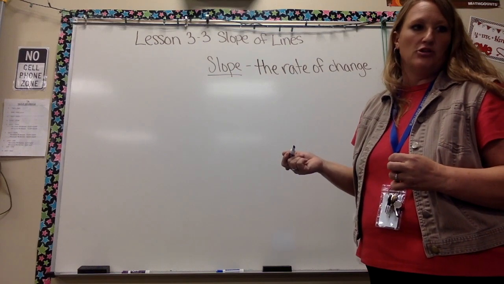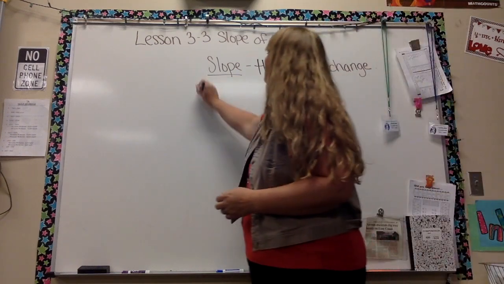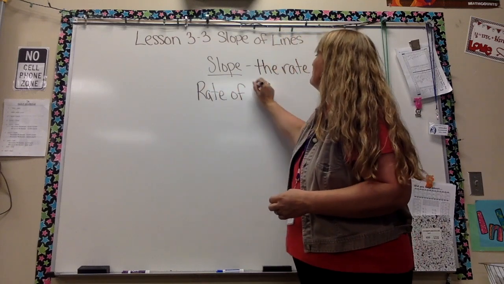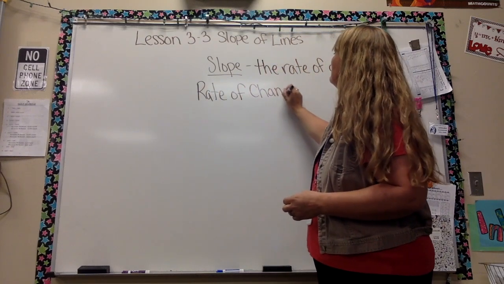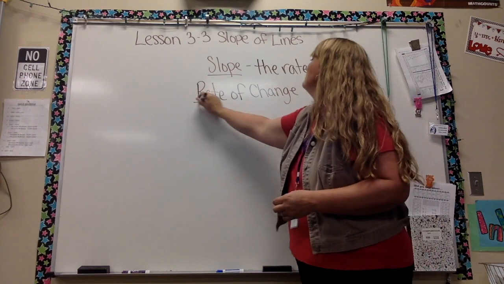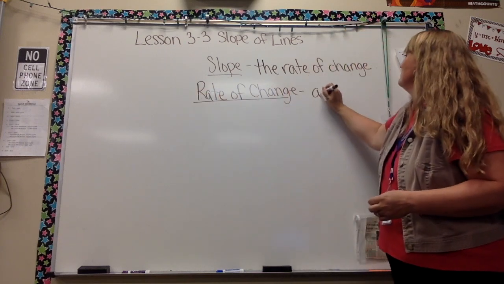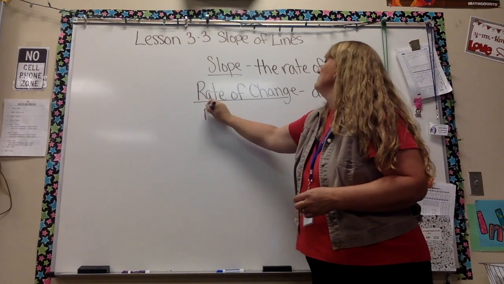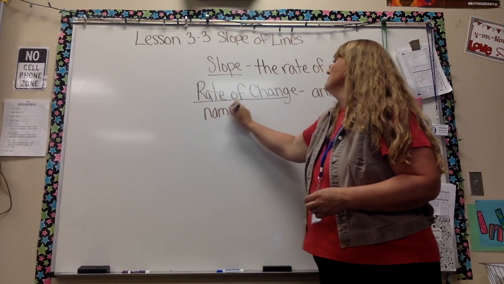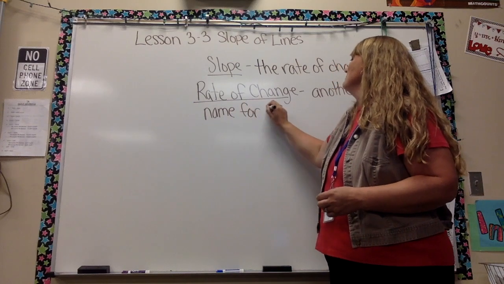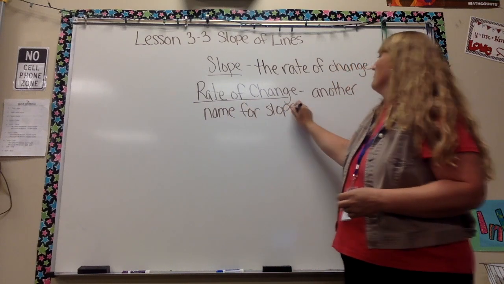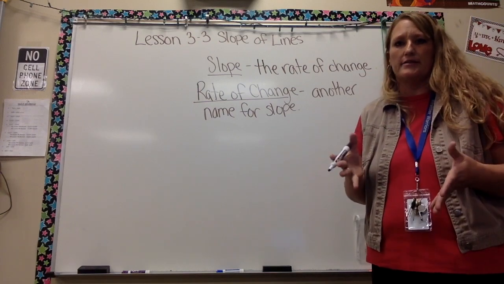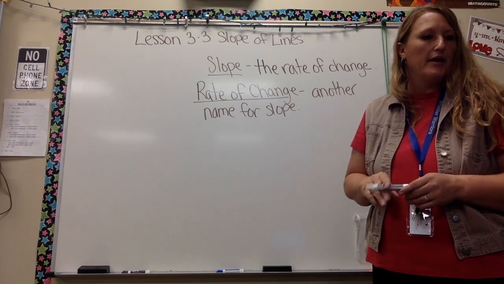So the rate of change is just another name for slope. Rate of change and slope are really synonymous. They're exactly the same thing, just two different names for it.